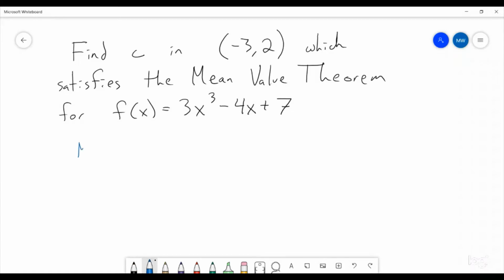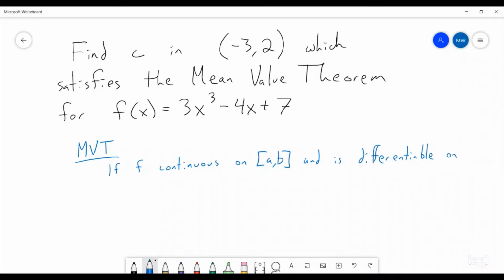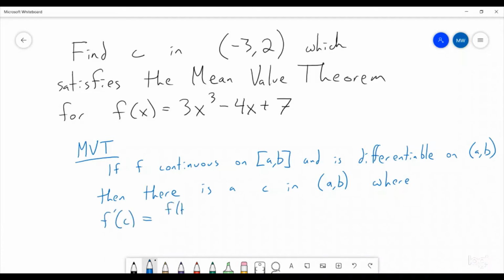The mean value theorem, I'm going to abbreviate it as the MVT, says that if we have a function f which is continuous on a closed interval from a to b, and is differentiable on the open interval, if both of those things are true, then there is a c in the open interval from a to b where f prime at c is equal to f of b minus f of a divided by b minus a.